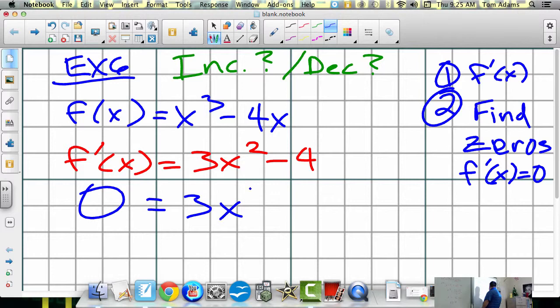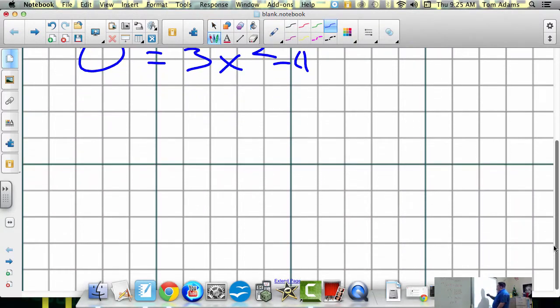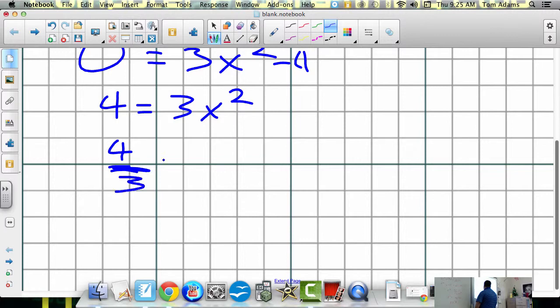I get 3x squared minus 4 equals 0. So then this becomes, if I add 4 to both sides, 3x squared equals 4. 4 over 3 equals x squared.